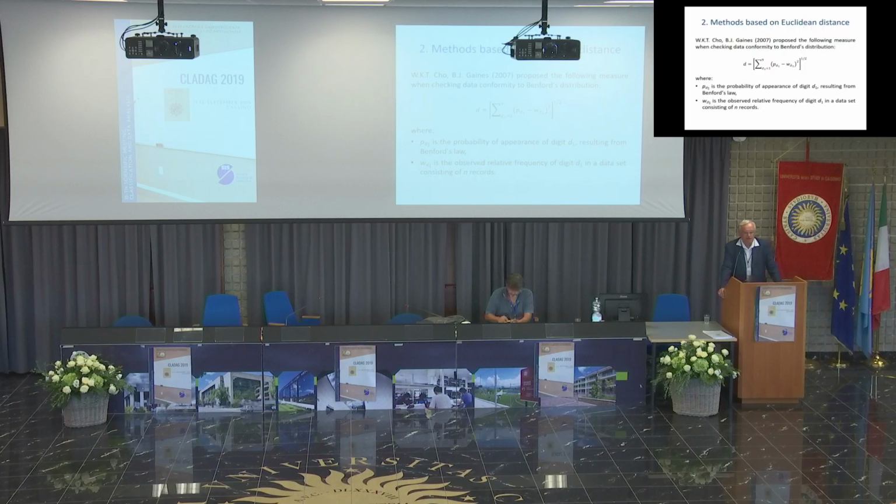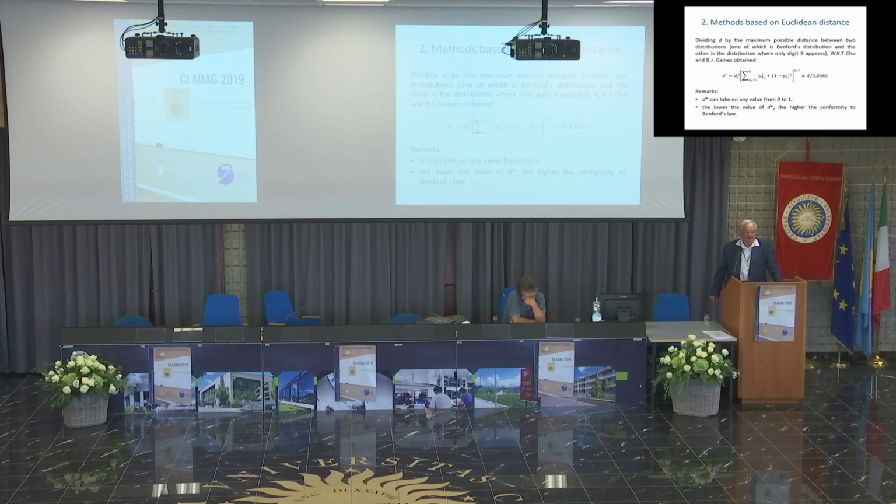Cho and Gaze propose the measure of checking data conformity to Benford's distribution as follows: simply Euclidean distance between theoretical probability and observed relative frequency of digits. Then we normalize this Euclidean distance to D star.